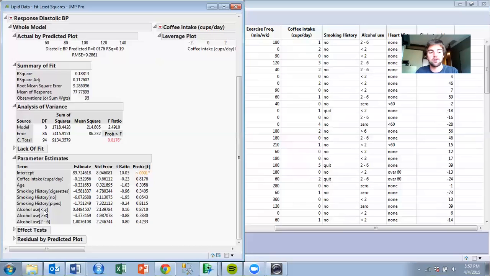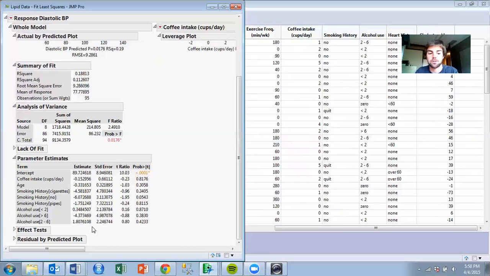And similar with alcohol use, you could interpret this 1.8, and that would say if your alcohol use is 2 to 6 drinks in whatever period of time this is, then you would expect that your blood pressure will be 1.8 higher than the average across all categories of alcohol use.